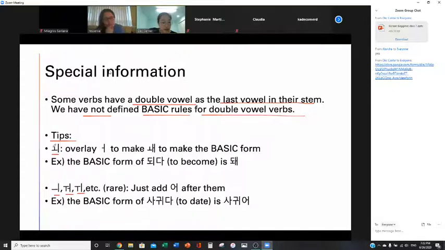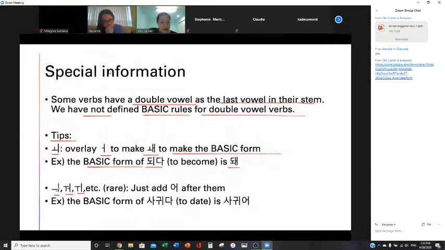Whenever you have we like this, it overlays o. So make we into o to make the basic form. For example, right here, whenever you have the basic form of 되다, it will become 돼.